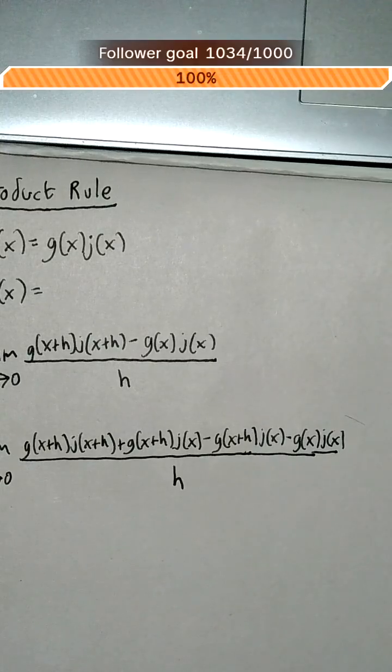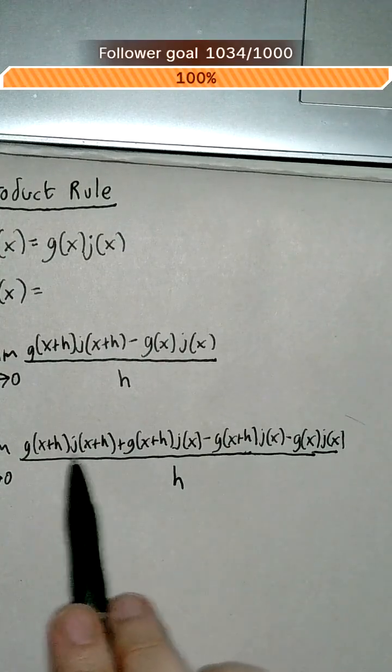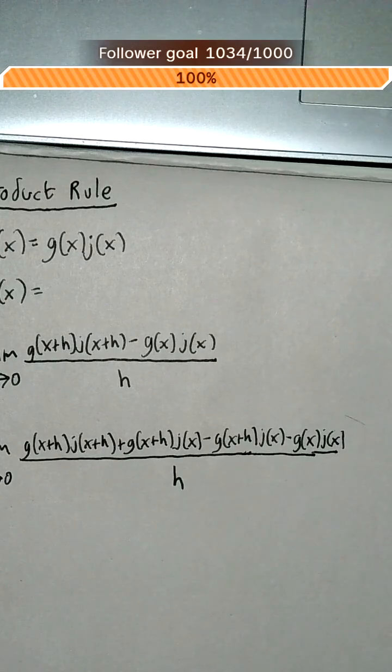So now, from here, what do I do from here? Well, from here, I'm going to go ahead and factor out g of x plus h here, and a j of x from those last two. So I'm going to do that now.